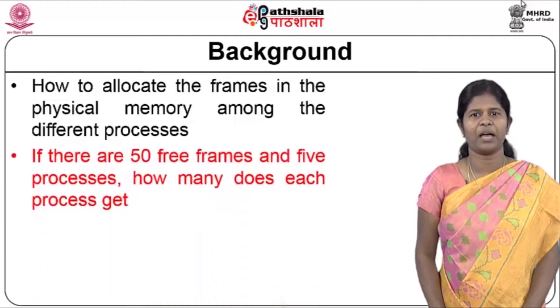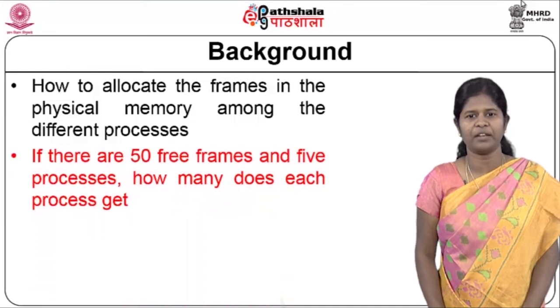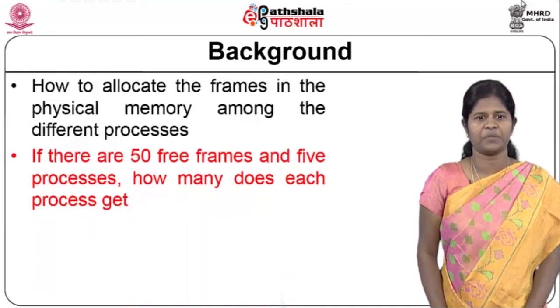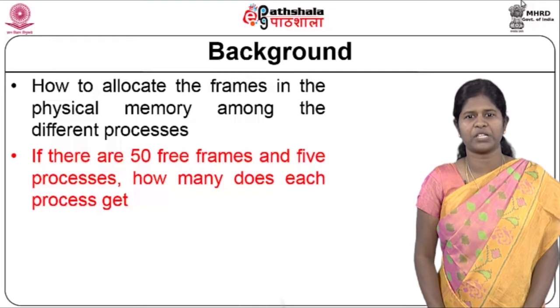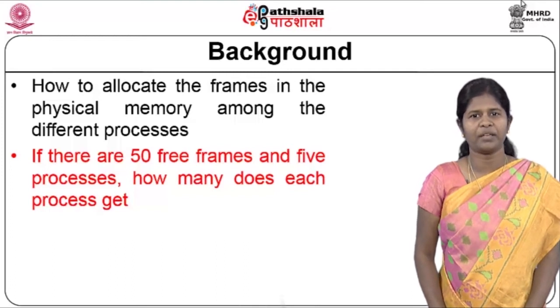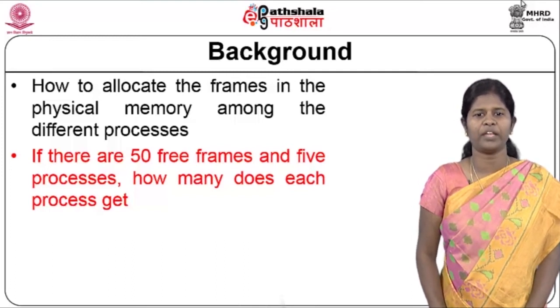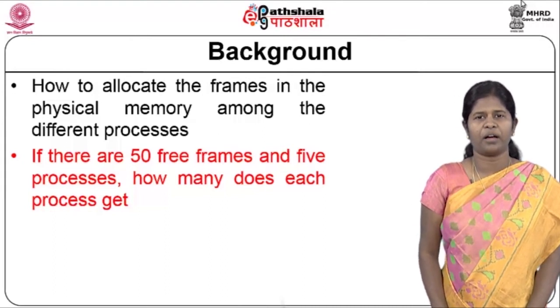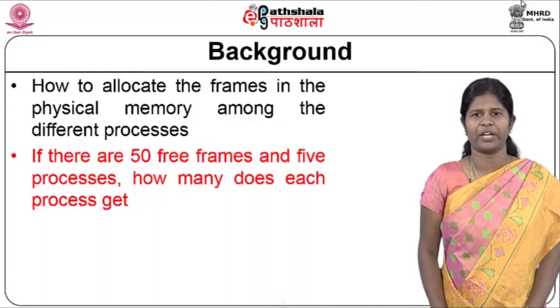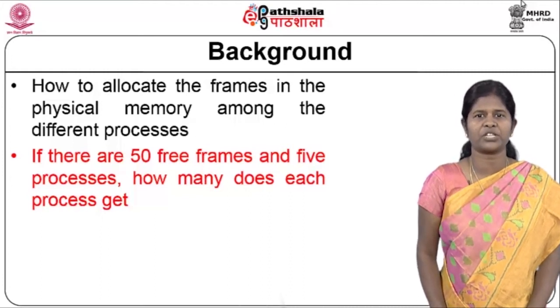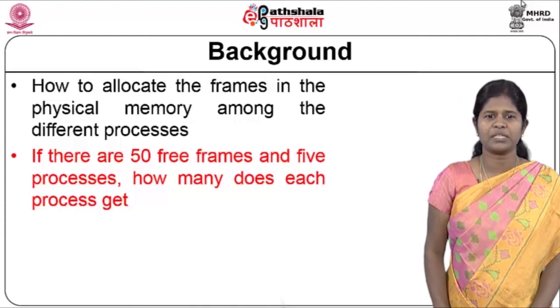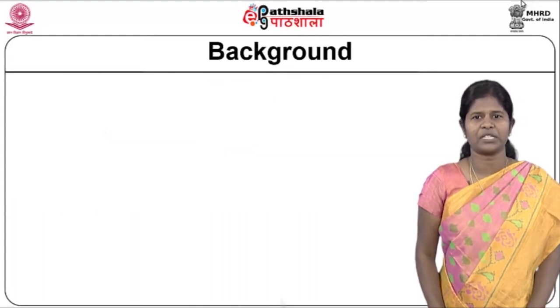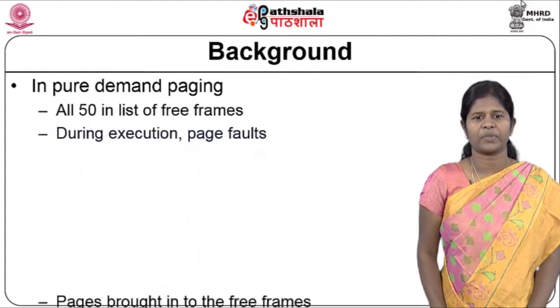Say, for example, if you have 50 free frames and there are 5 processes, how do you divide these 50 free frames among the 5 processes? There are different ways in which I can do this. This is what we learn first in this class.